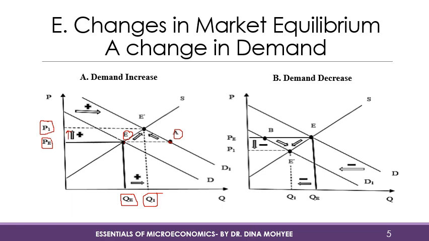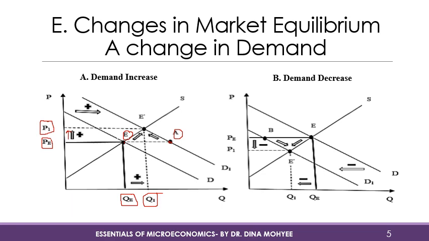On the other hand, if there is a fall in the price of a substitute good, this leads to a decline in demand and shift of the demand curve to the left, causing also a disequilibrium in the market at the current price.